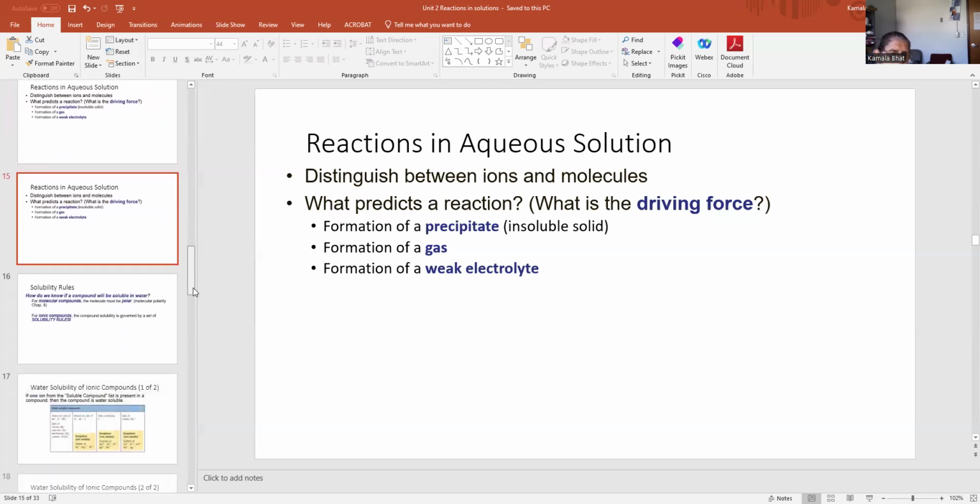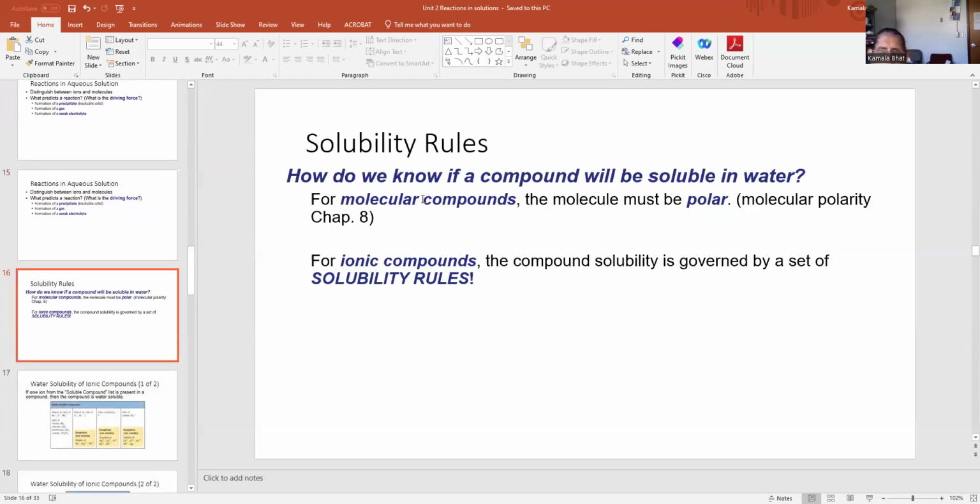In water, one of the things that's most important is you have to know the solubility rules. How do we know if a compound will be soluble in water or not? For molecular compounds, the molecule must be polar. Here is a very brief introduction to polarity; we'll do that in greater depth in chapter 8.